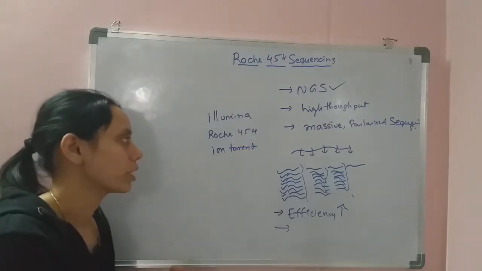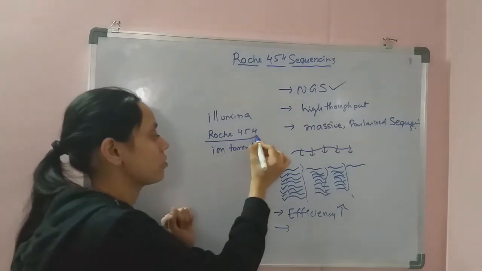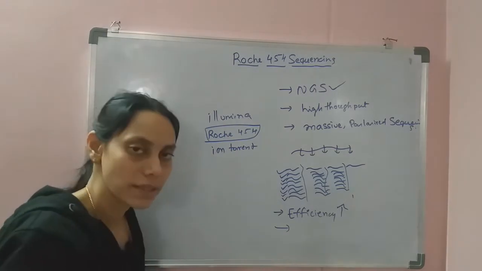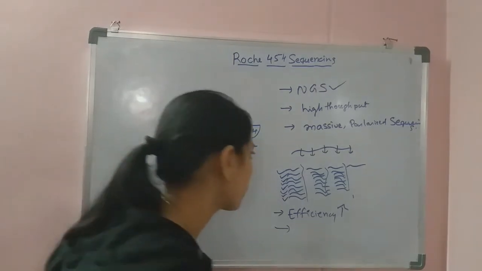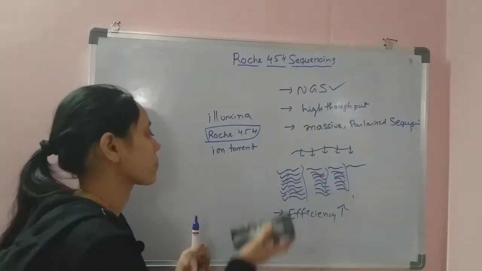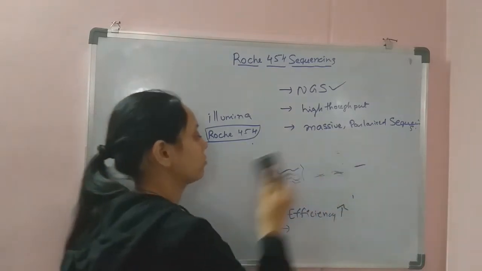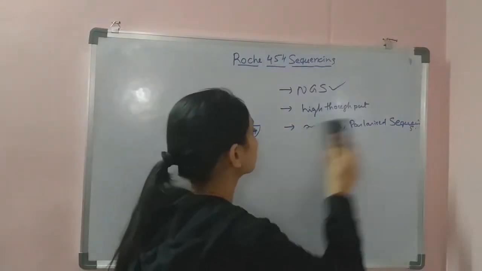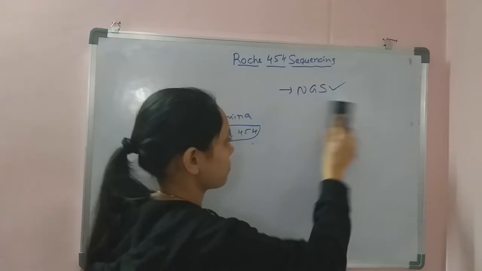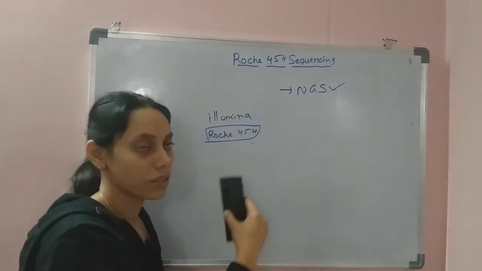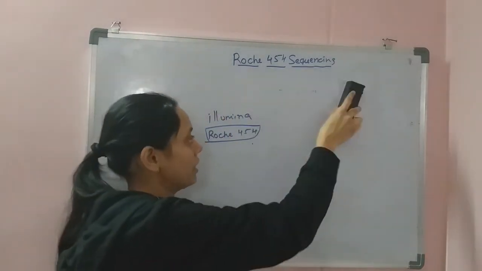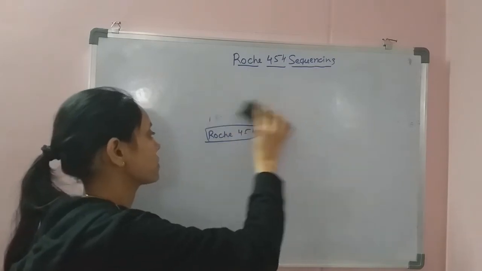In this video we are going to have the basic concept of the Roche 454 DNA sequencing technique. As we already discussed, these are types of next generation DNA sequencing technologies.